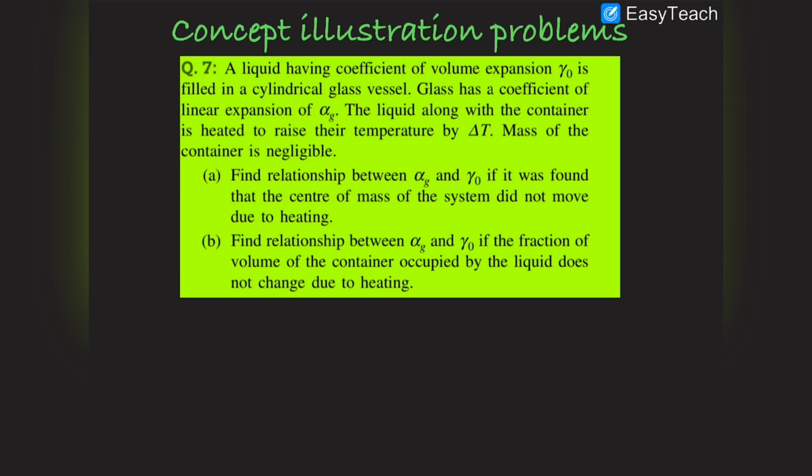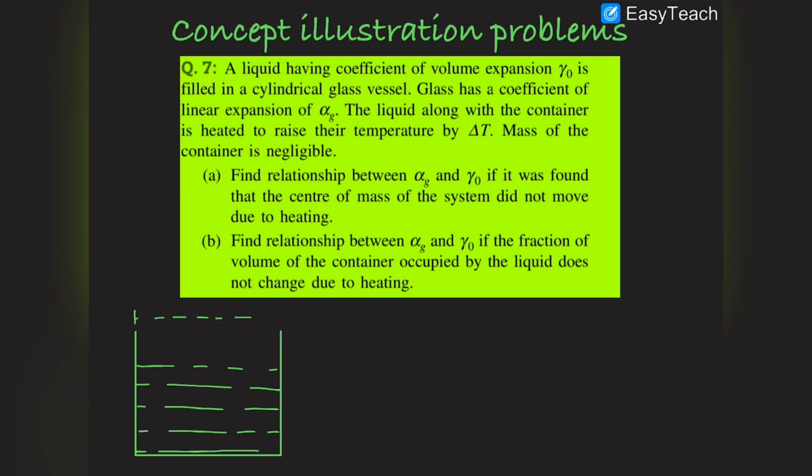So let us imagine that there is a vessel, and in this vessel there is a liquid filled like that. The area of cross section of the vessel is A, and let's suppose the initial area is A naught and the height of the liquid in the vessel is H naught. So we can write that the height of the liquid is the volume of the liquid upon the area of the vessel.